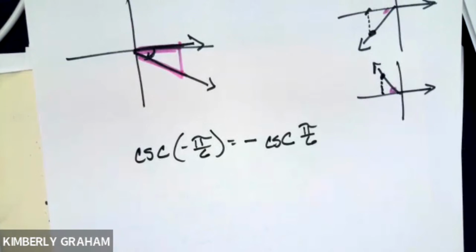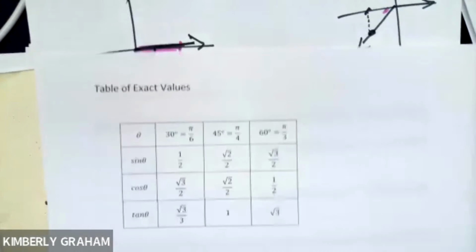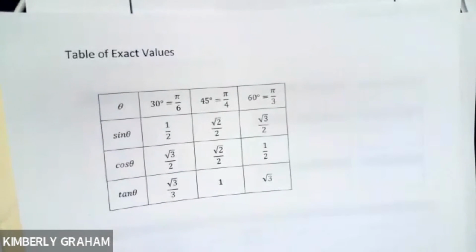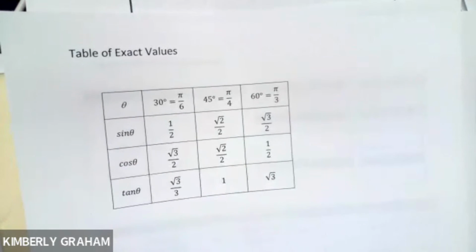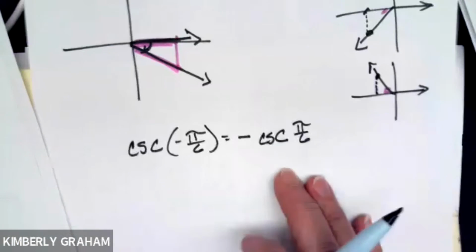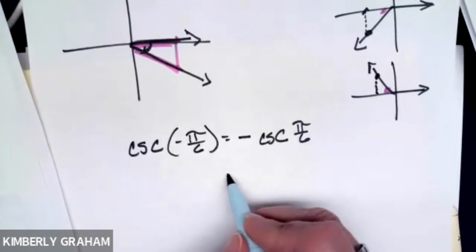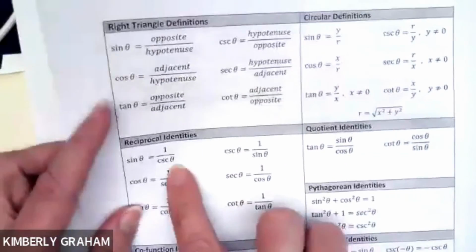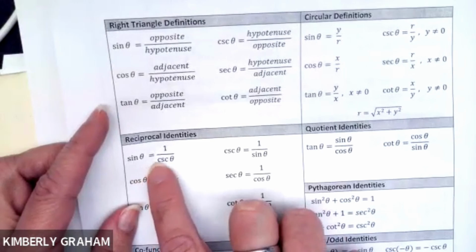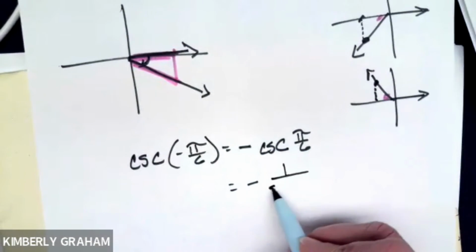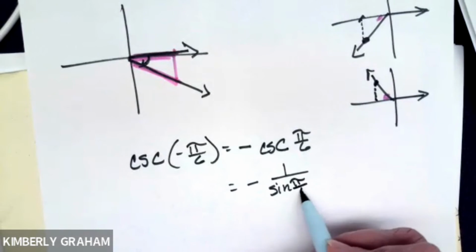This angle measure in here is pi over 6. If you look at your exact value chart, you don't have cosecant there. You have sine, cosine, and tangent. We want cosecant. Well, I know that cosecant is the inverse or the reciprocal of sine, right? So cosecant is 1 over sine. So this would be 1 over sine of pi over 6.